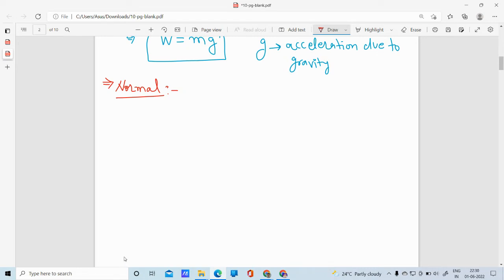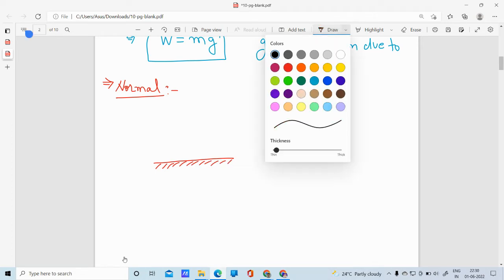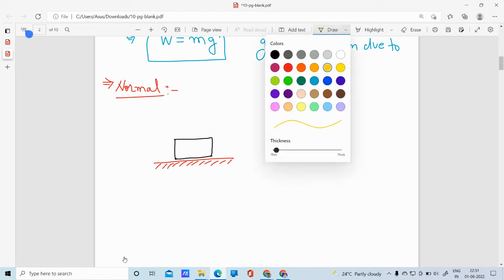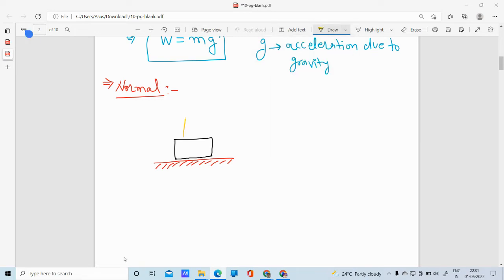Suppose we have a two body system. This is our one block, and this is our another block.